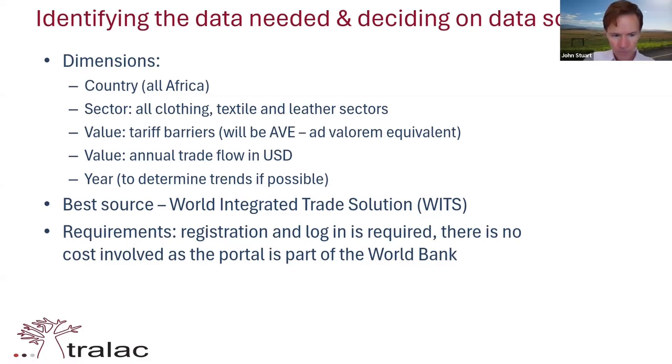But the good news is that we can get most African countries for this data from WITS. Secondly, sector. So we need all of the top level, in other words, the two-digit HS code headings for clothing, textile, and leather sectors. There are actually only 4 that I've selected.